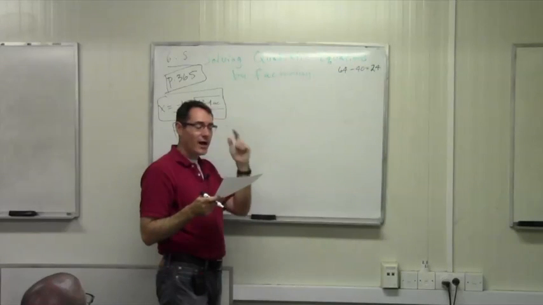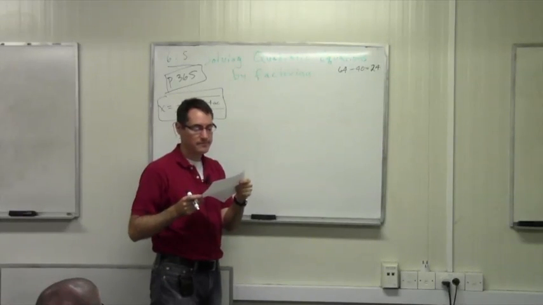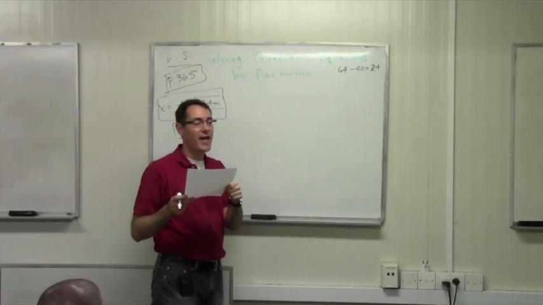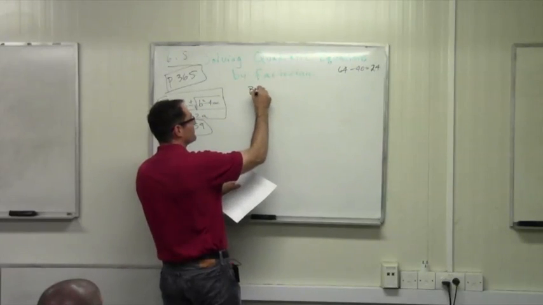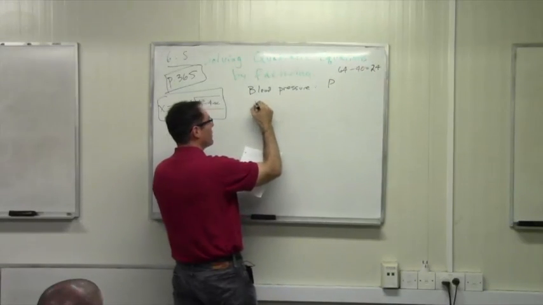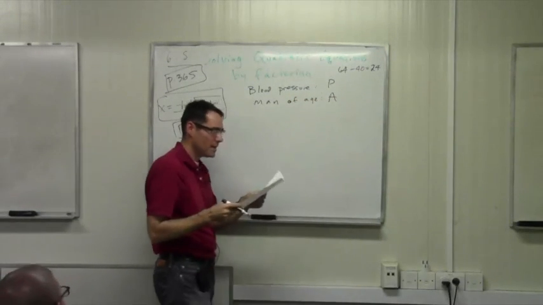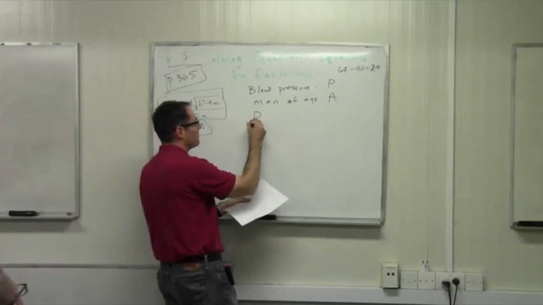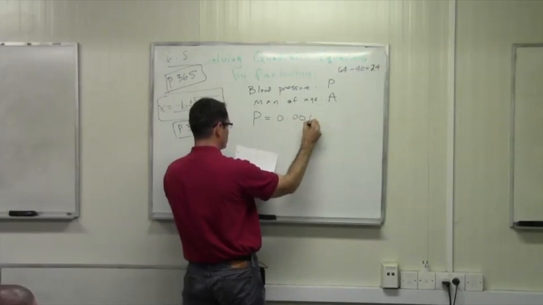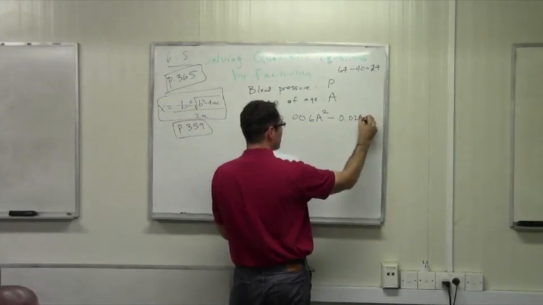There's a formula on page 359 for the normal systolic blood pressure, P, of a man whose age is A. In other words, the blood pressure P for a man of age A. Here's what it should be for the normal range: P equals 0.006 A squared, his age squared, minus 0.02 A plus 120.